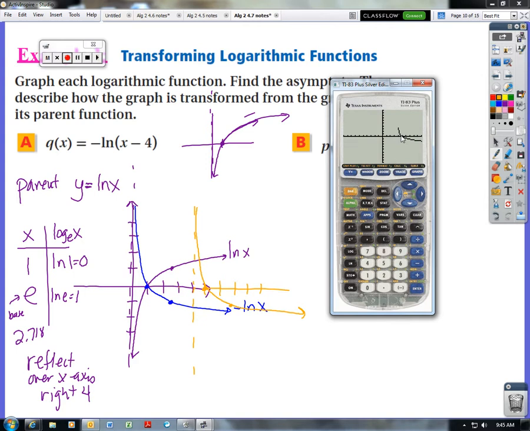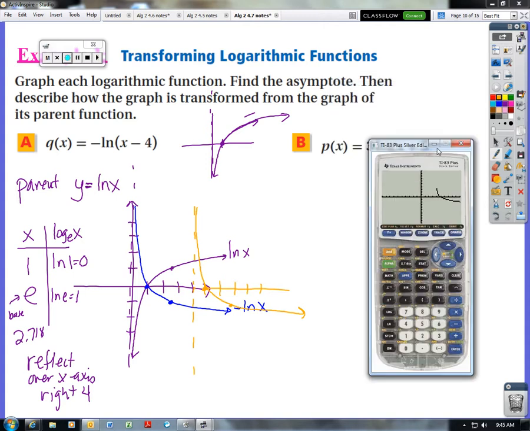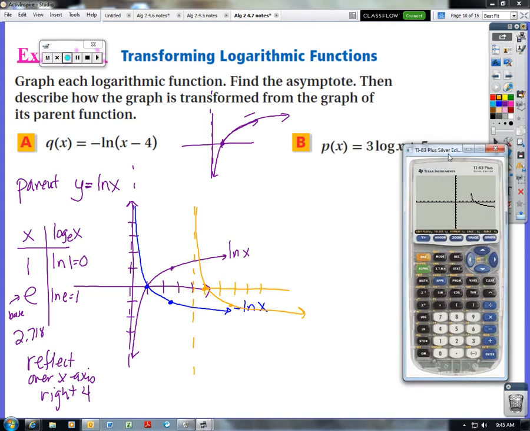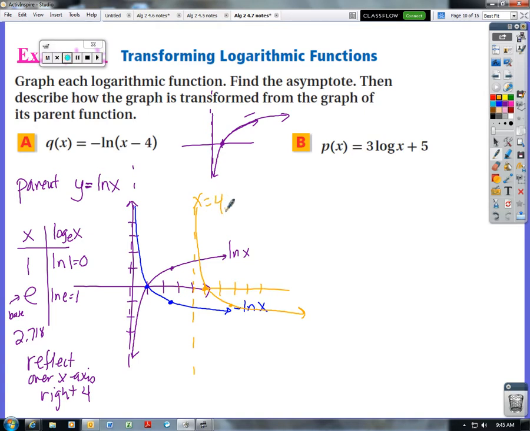You can see it crossing right there. Yeah, 1, 2, 3, 4, 5. So it looks good. Graph the log. Find the asymptote. The new asymptote is x equals 4. Then describe how the graph is transformed. We did that. Here's our description.